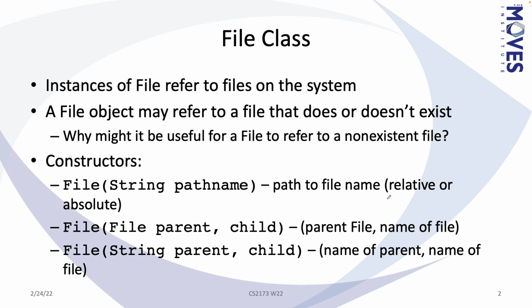Any other thoughts? A convention where, if it doesn't exist, you make a text file to fill with information, as an output. Yeah, what if you want to just save a file? Before you save the file, it doesn't exist. You open up a Word document, you create a Word document.